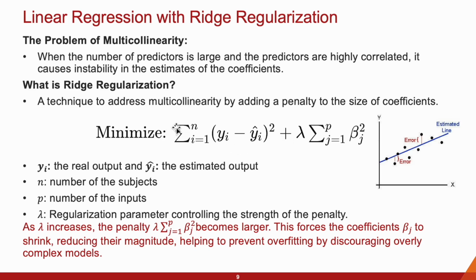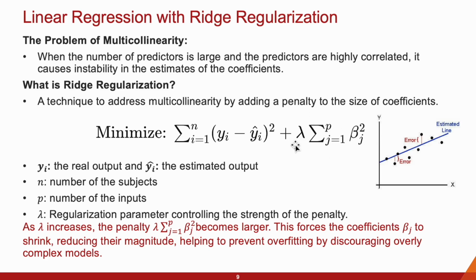For example, the formula represented here is the function for ridge regression, and for ridge regression we are trying to minimize this overall equation: we try to minimize the sum of the squared errors between the actual output yi and the predicted output yi hat, plus a penalty term, and this penalty term is the sum of the squares of the coefficients. So these are the coefficients that I mentioned, the slopes that I mentioned in the previous slide.